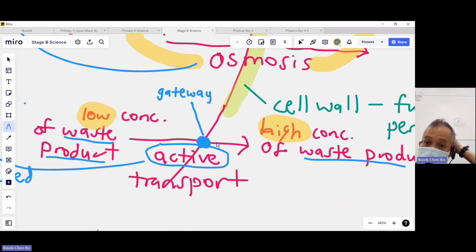Usually a gateway is made of special protein and fats. On the cell membranes, you don't have just one gateway, you have several of them, and you have other gateways for other substances. That is the simple story.